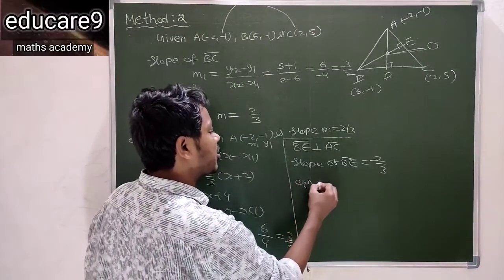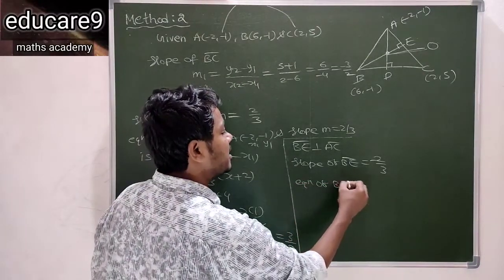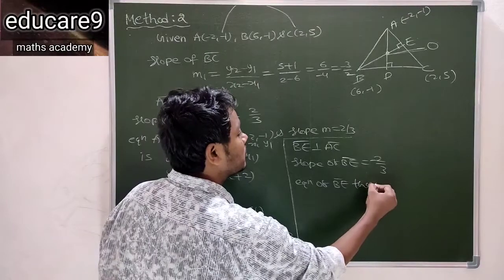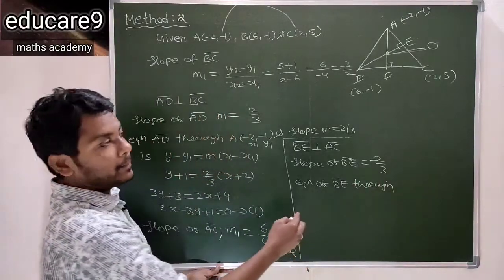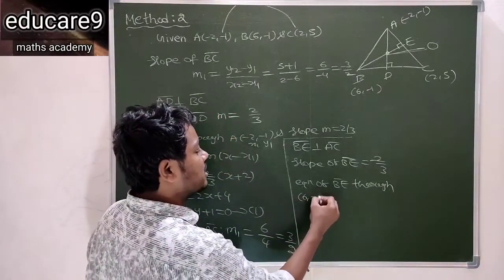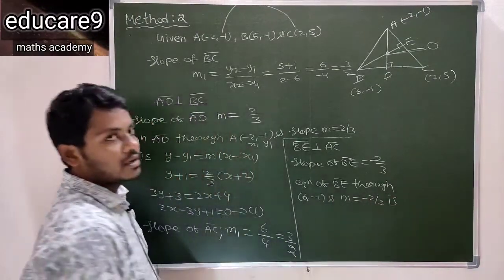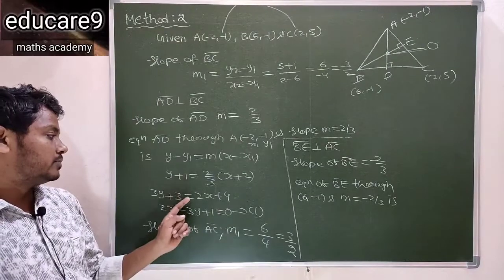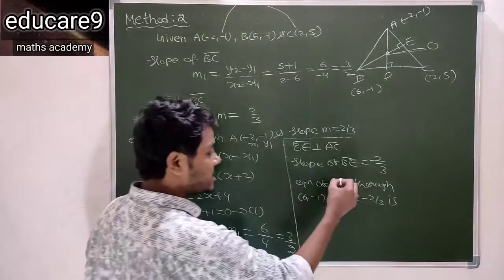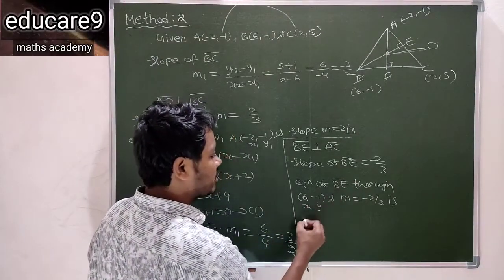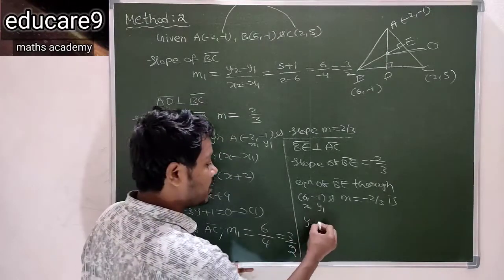Now the equation of BE through which point? B (6, -1) and slope minus 2 by 3. So we have to apply the same formula. This is x1, y1. So y minus y1, that is y plus 1.